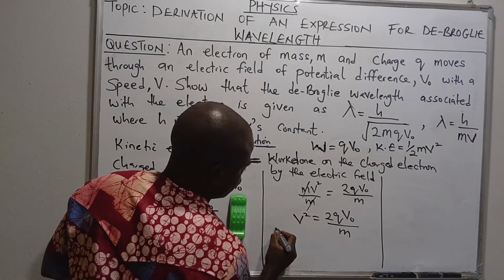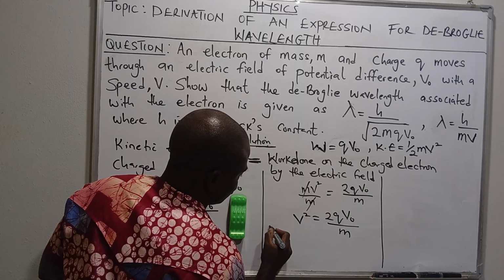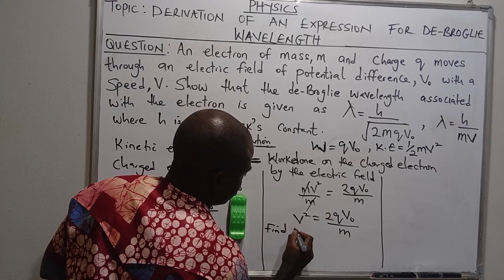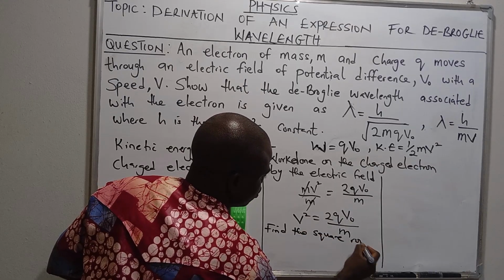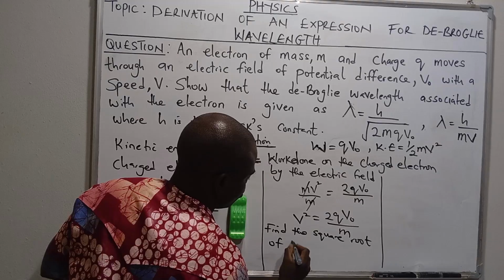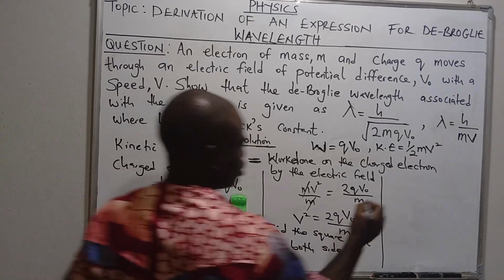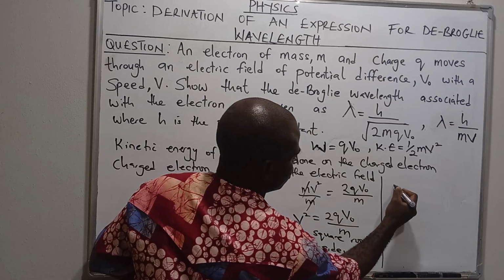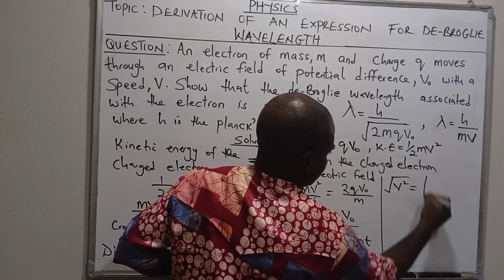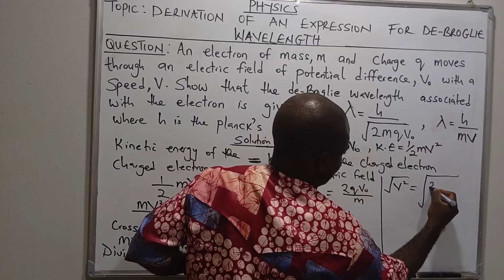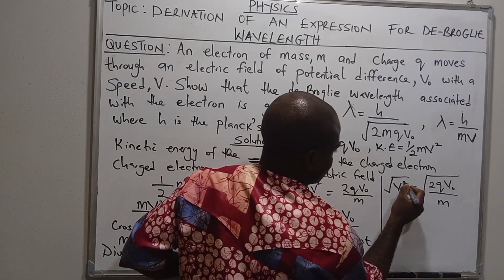Find the square root of both sides. You're going to have square root of v squared equals square root of 2qV naught over m. These two will cancel.